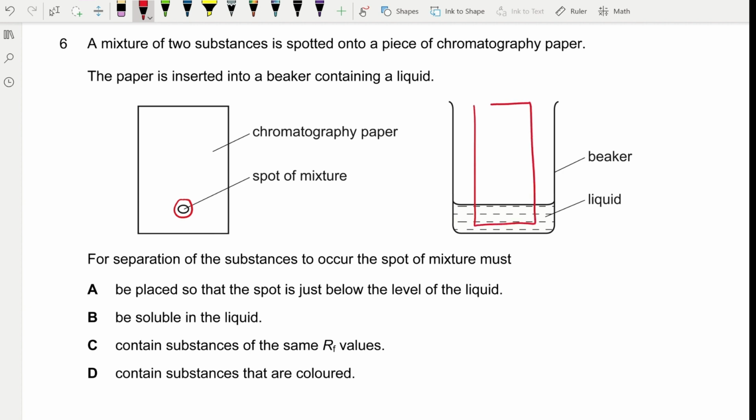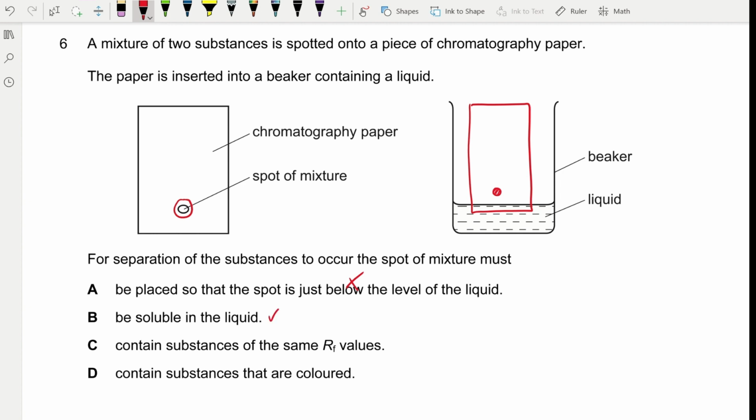So the paper must be positioned something like this. If the spot of mixture is submerged in the liquid, it will just dissolve into the liquid and not up the chromatography paper. So the spot of mixture must be placed so that it's above the level of liquid.